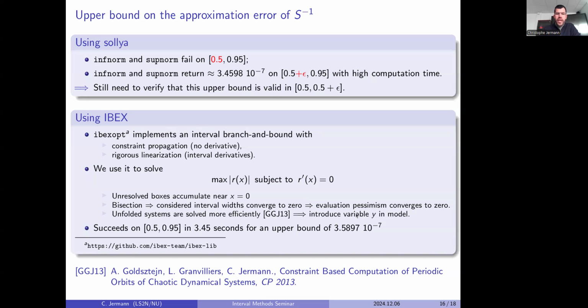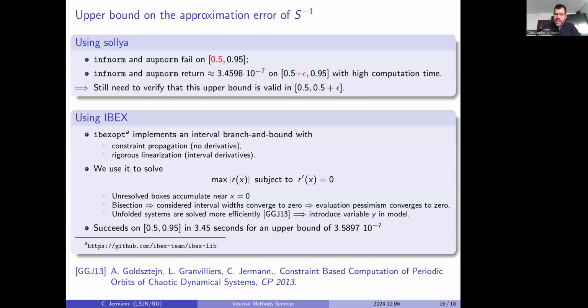This way, we can obtain an upper bound, which is this time guaranteed because no box is above, and which has almost the same value. You can see just, well, 10 to the power minus 8, sorry, approximation.